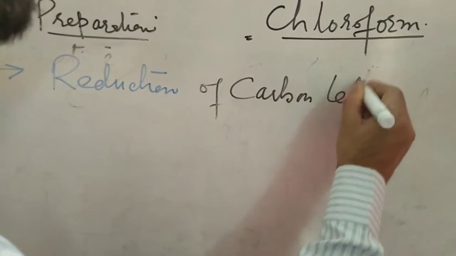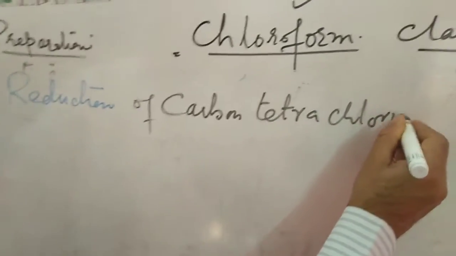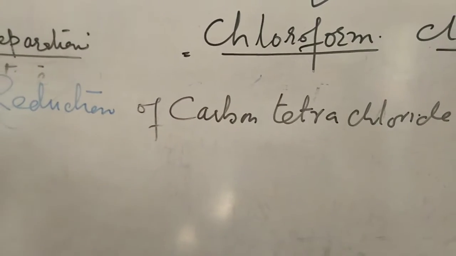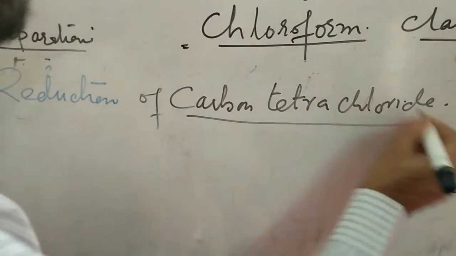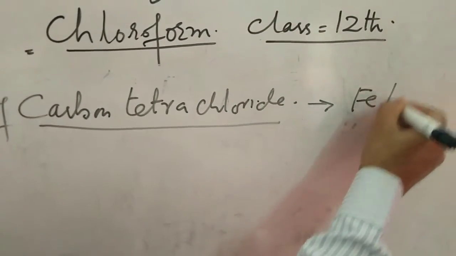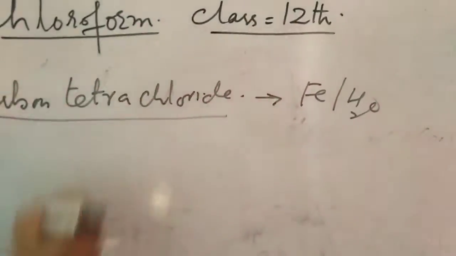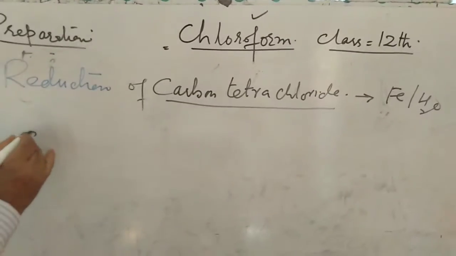Carbon tetrachloride we reduce in the presence of iron filings and water, that is steam, so you get hydrogen from there.